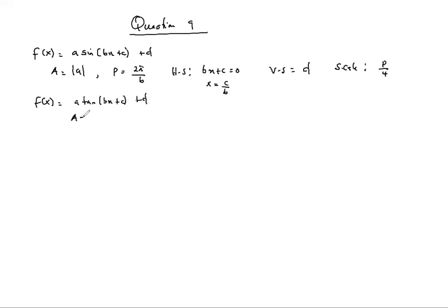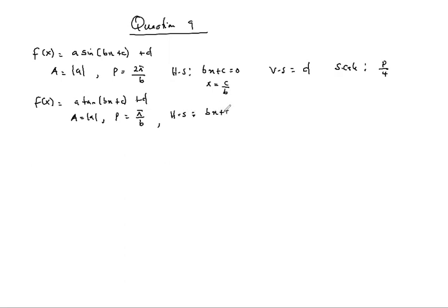And for tan, if I have A tan of bx plus c, plus d, the amplitude is the same, the period is different. That's why there's a difference for tan and cot. The period is not 2 pi. The period is pi over b. And then the horizontal shift is the same.